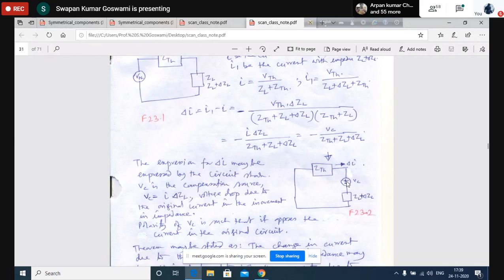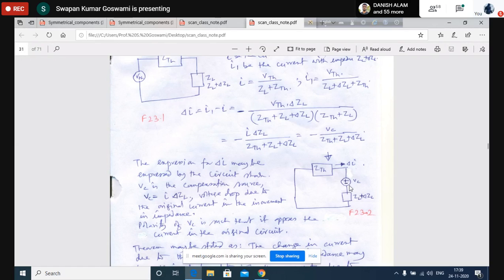That's why a positive polarity here, a negative polarity here. Now this is delta I that is equal to minus of this thing.